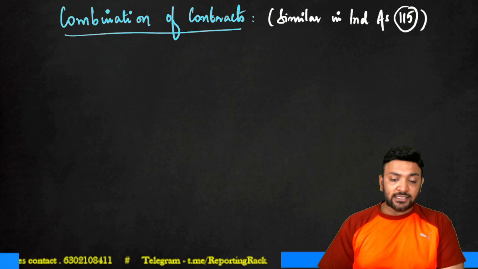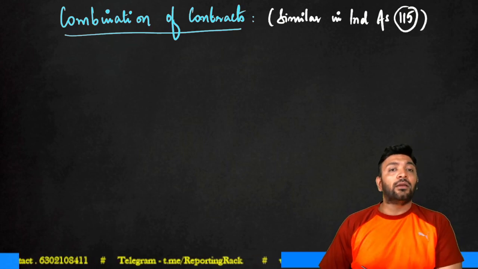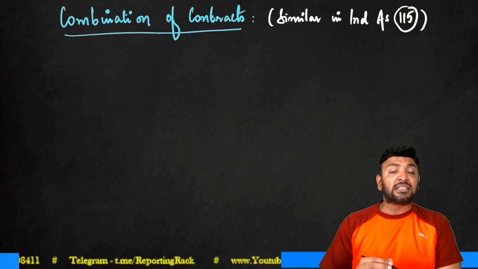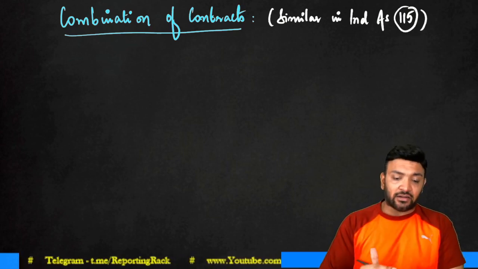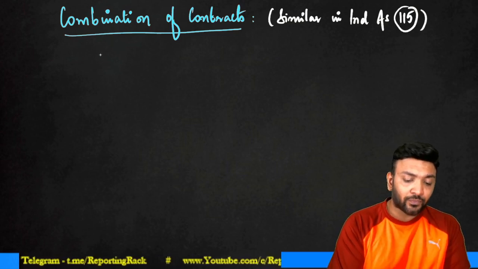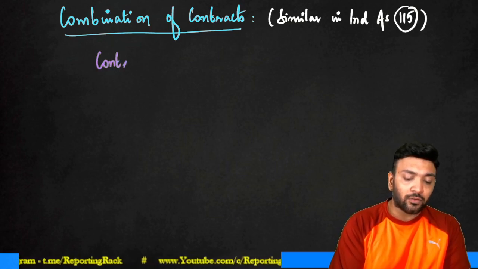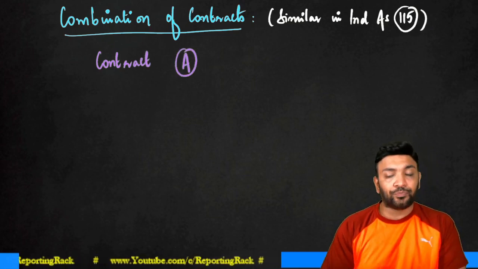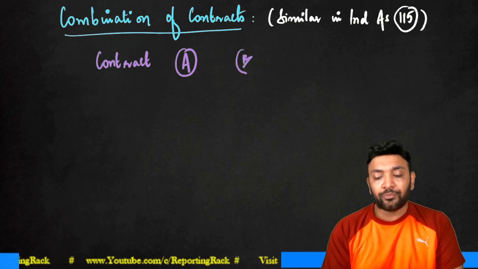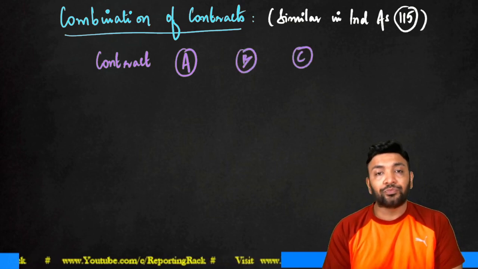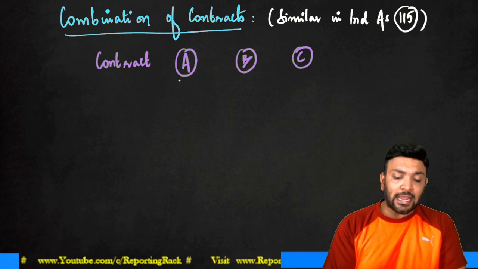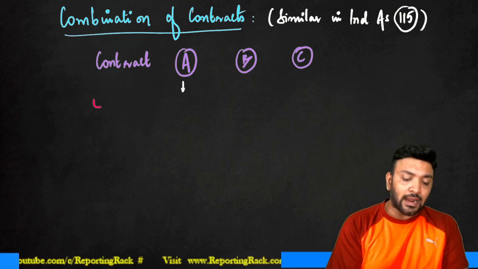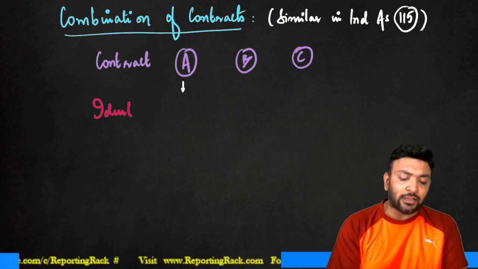In a simple sense, I am saying, if you have entered into a lease of multiple assets, each one in a separate contract. So let's say contract A, B, C. A indicates an identified asset in the contract.